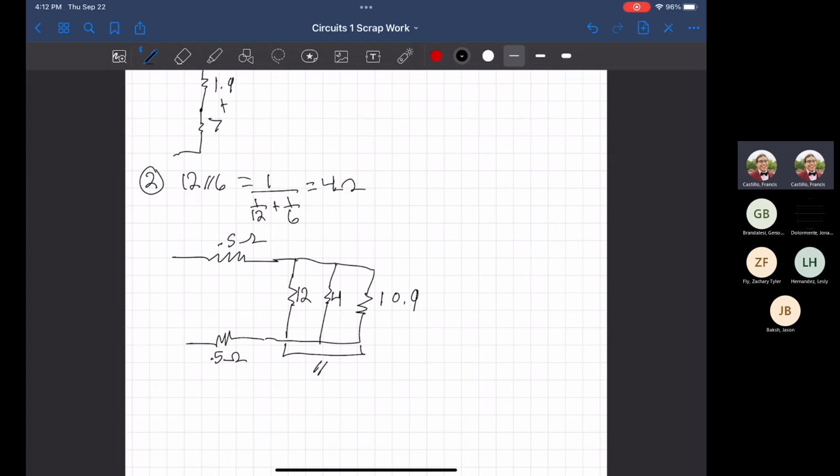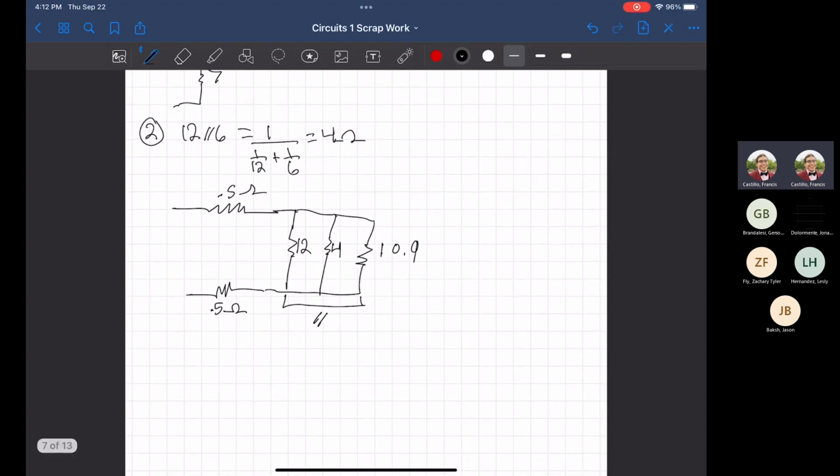And then the 0.5, once we find our equivalent, we can imagine instead of three resistors here, it'd just be this little system: a resistor there, the equivalent resistor we're going to find soon, and the last one right here. This is 0.5 ohms, and then the resistor value we're going to find real quick. So it's 1 over 12 plus 1 over 4. We're going to use the inverse value of it, the original fraction form.